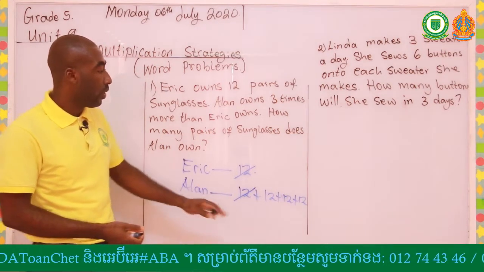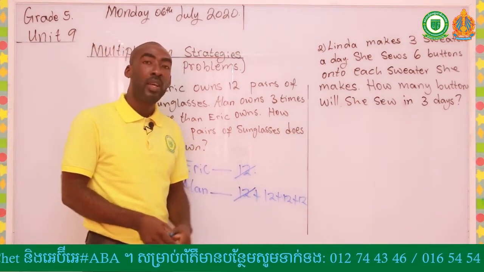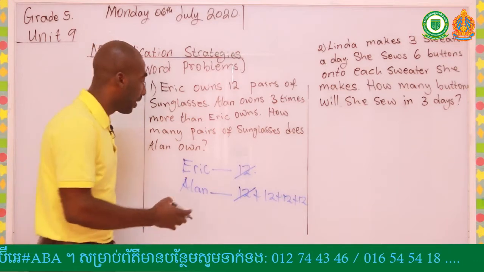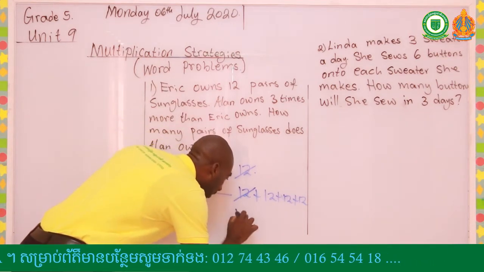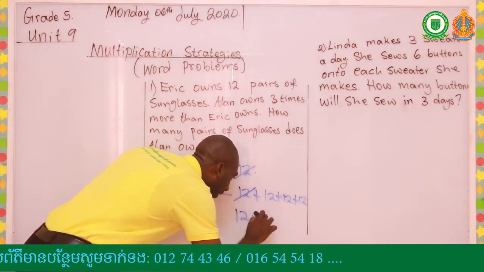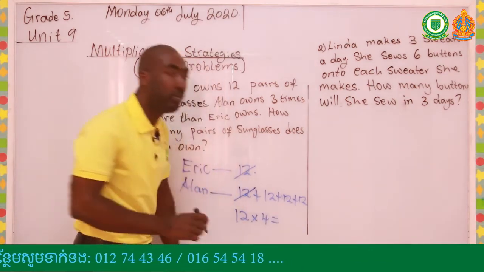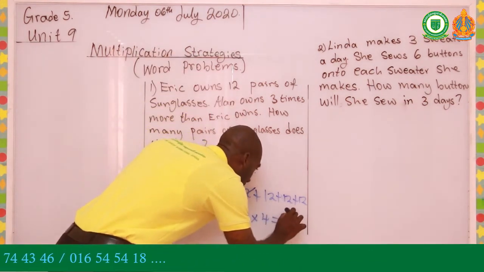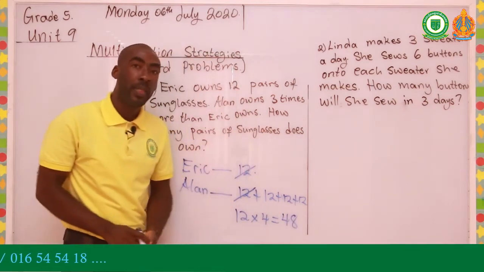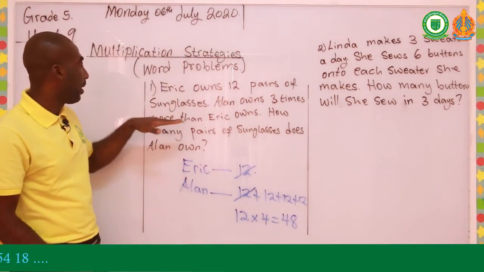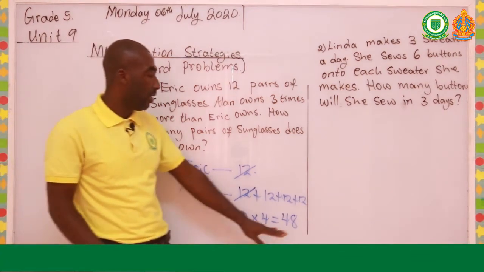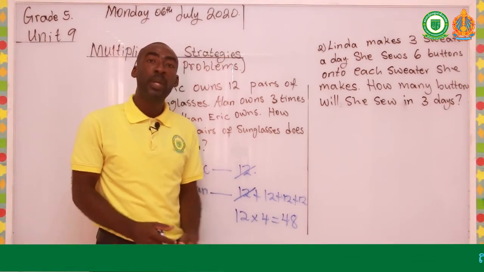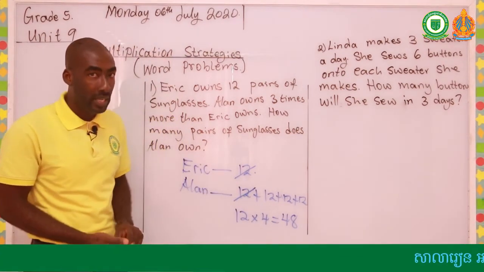Okay, so if that is the case, what we have to do is multiply 12 by 4, and that will give us 48. That means Alan is having 48 pairs of sunglasses.